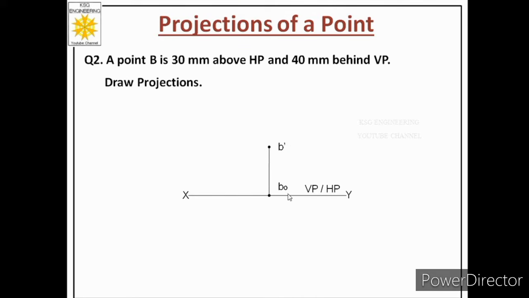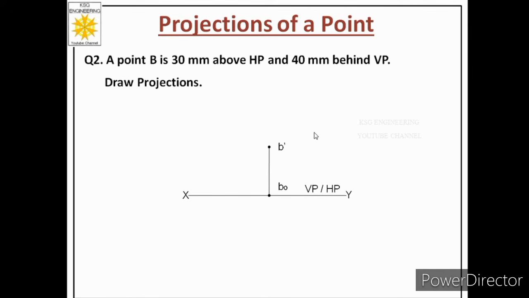Now let us plot its top view. So again we have to read the statement. He says 40 mm behind VP. So it is the distance given from VP. It means we have to plot that distance on the opposite plane, that is HP. So let us see where HP is. In the second quadrant, HP also lies on the same side, that is above the reference line.